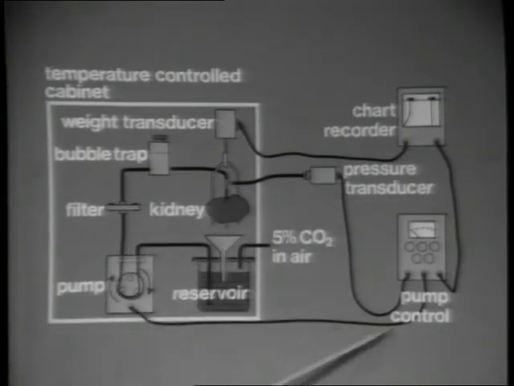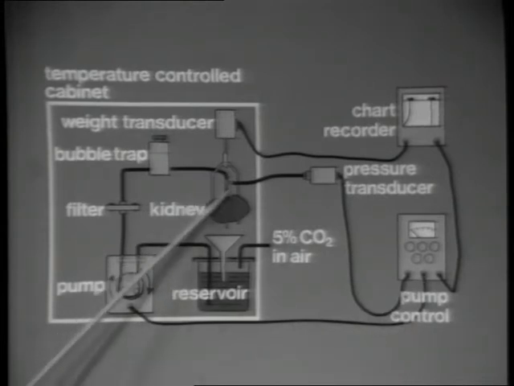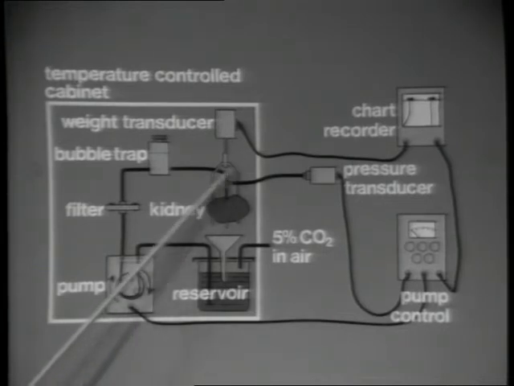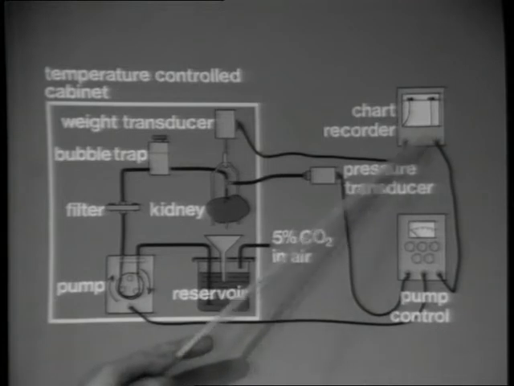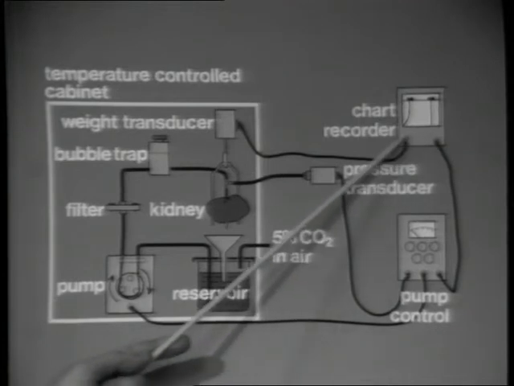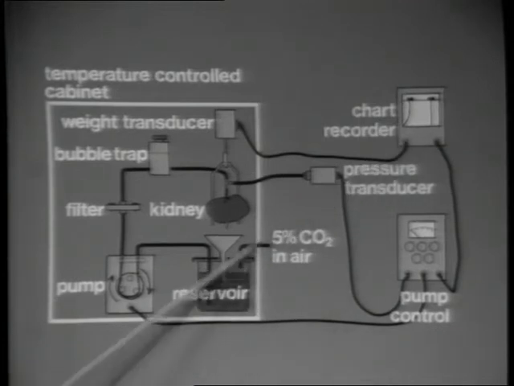And the pressure is used to feed a process controller which regulates the pump speed so that we maintain a constant perfusion pressure of 40 millimeters of mercury. Both the weight and the pressure are continuously recorded. The perfusion equipment itself is enclosed in a temperature-controlled cabinet at 5 degrees centigrade.